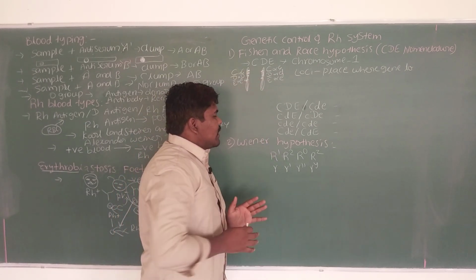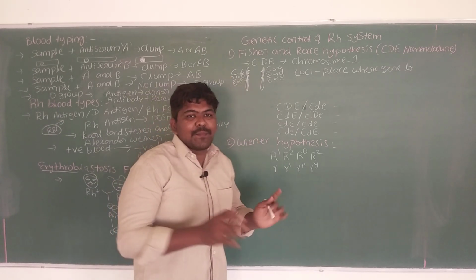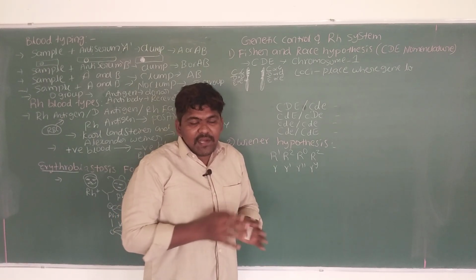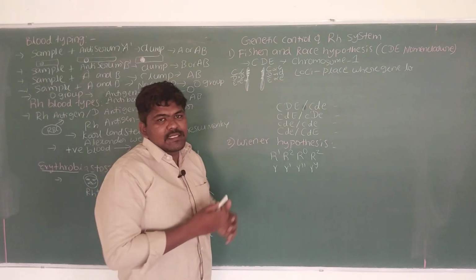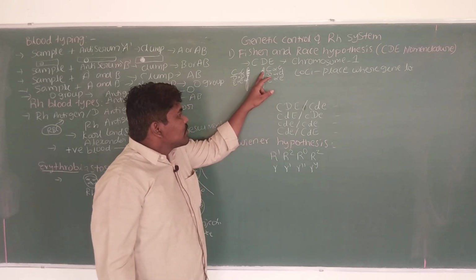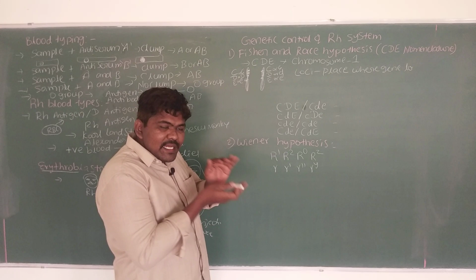Here what you have to understand, these alleles are not separated because of crossing over, because of recombination. They will not separate. Why? Because they are linked genes. They are arranged near to each other on the same chromosome. They are present on the same chromosome and they are arranged very near to each other.